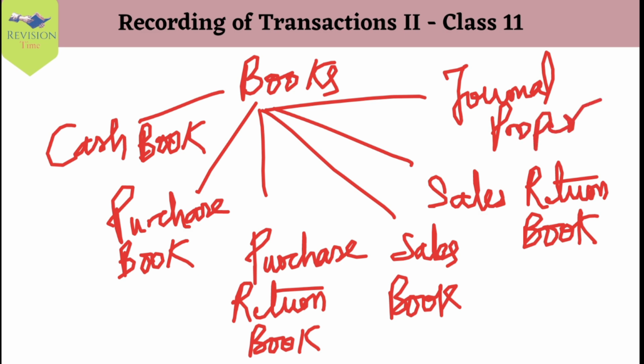So these are different kinds of subsidiary books. These are also known as special journals or day books or subsidiary books. Let us understand the role and the transactions which are to be recorded in these books one by one.